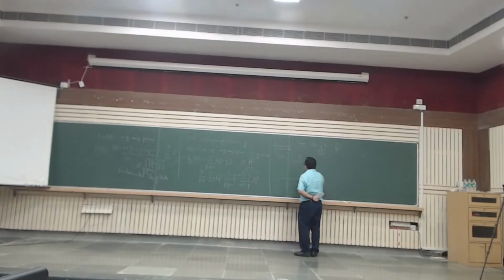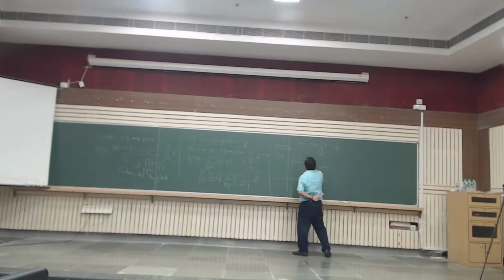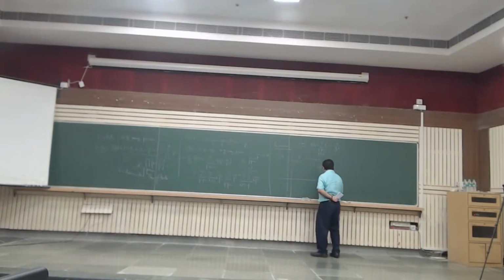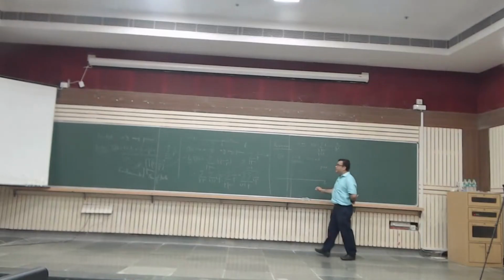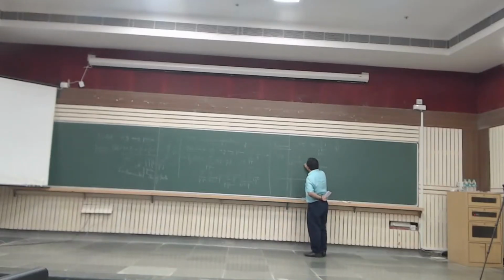So let's see what happens. This is my complex plane. Following Riemann, we write s to be sigma plus it, where sigma is the real part and t is the imaginary part. This is my origin, and this is the line passing through 1.